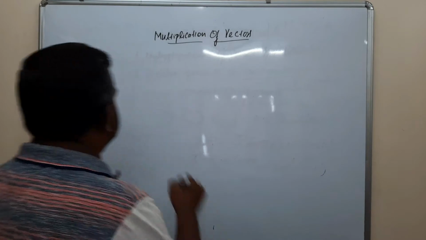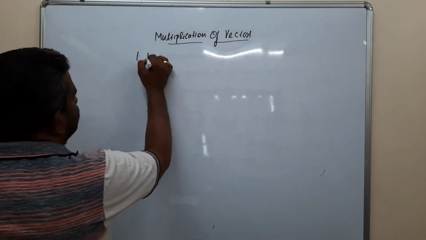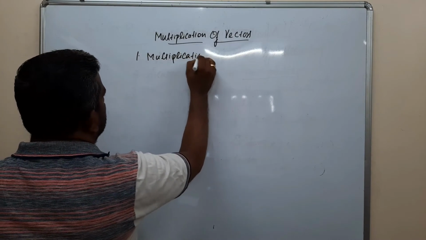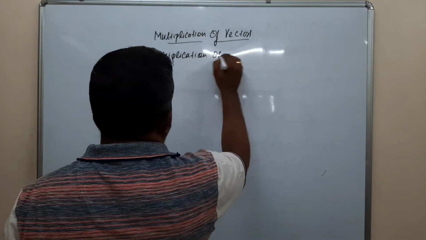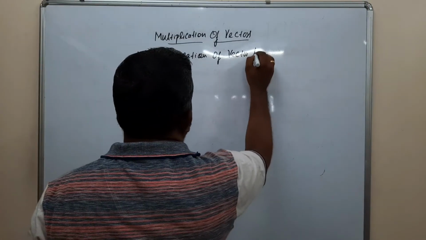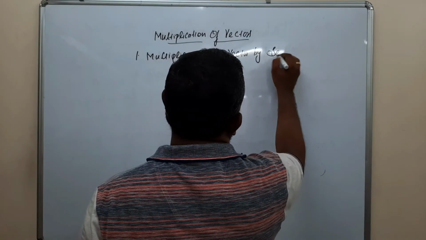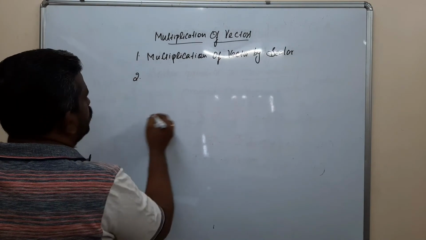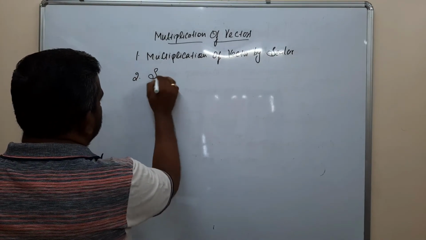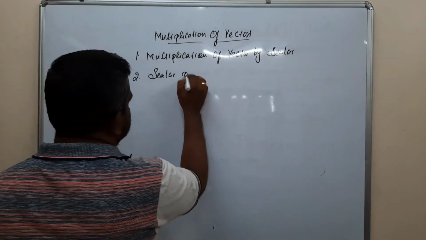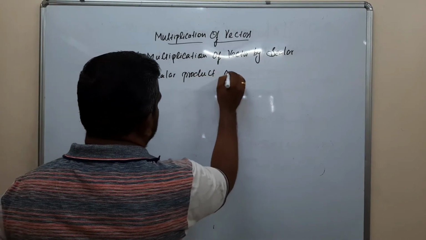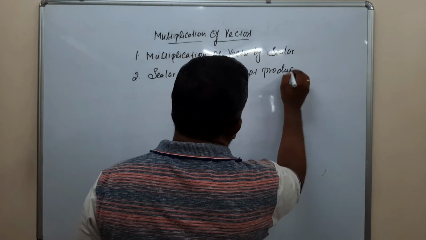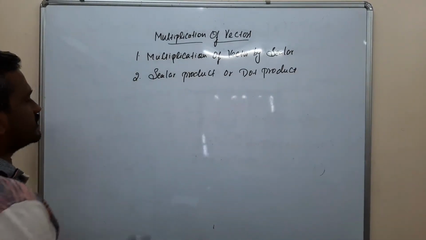First, multiplication of a vector by a scalar. Second, scalar product or dot product of vectors.